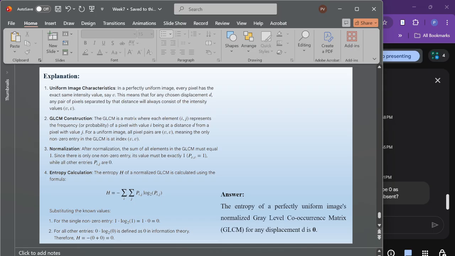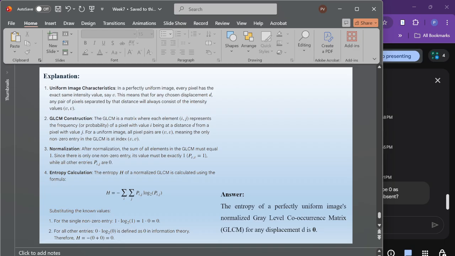For the uniform image, all pixels are v and v. We have assumed that. That means the only non-zero entry in the GLCM is at index v,v. After normalization, the sum of all elements in the GLCM must equal 1, and since there is only one non-zero entry, it must be exactly P(v,v) equal to 1, while all other entries are 0.